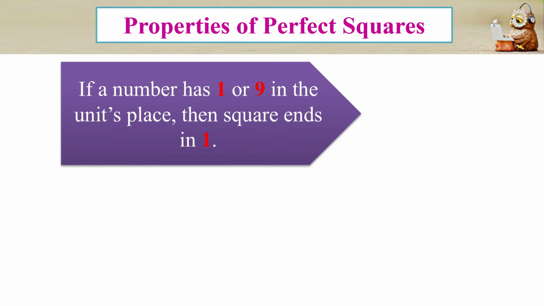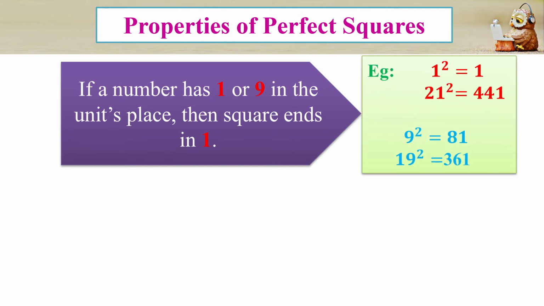Let us see another property. If a number has 1 or 9 in the units place, then its square ends in 1. For example, 1 square is 1, 21 square is 441, 9 square is 81, 19 square is 361.